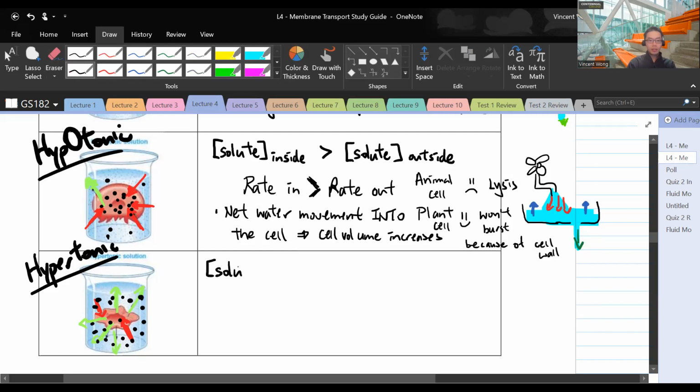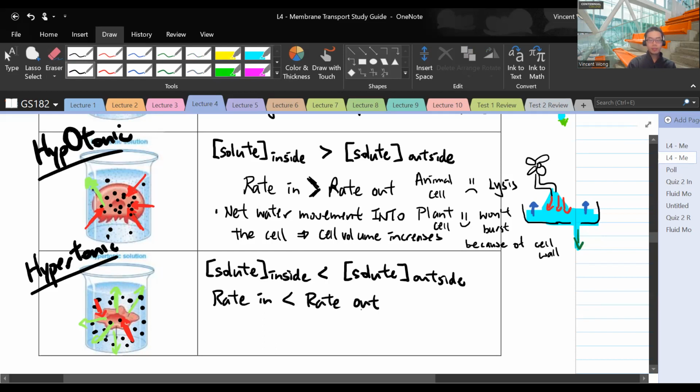So solute on the inside is less than solute on the outside. Rate in is less than rate out. And then you would have net water movement out of the cell, and the cell shrinks.